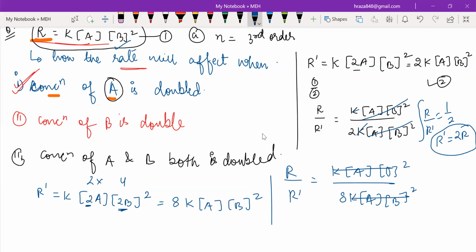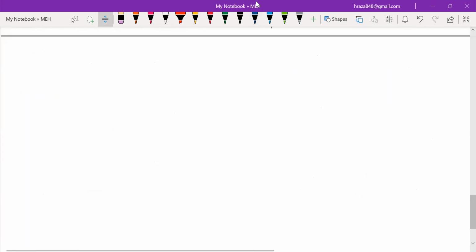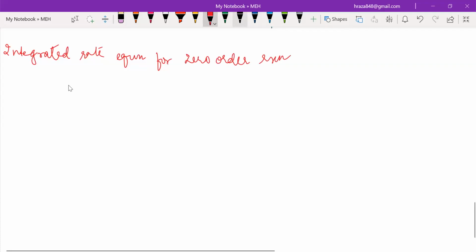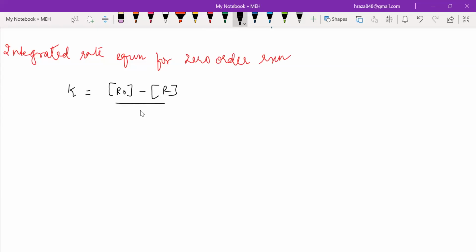Tell me, do you remember the formula of first order and second order reactions, like the integrated rate equation? No, sir. The integrated rate equation for zero order reaction: K will be equal to initial concentration minus final concentration divided by delta T. Do you remember now?